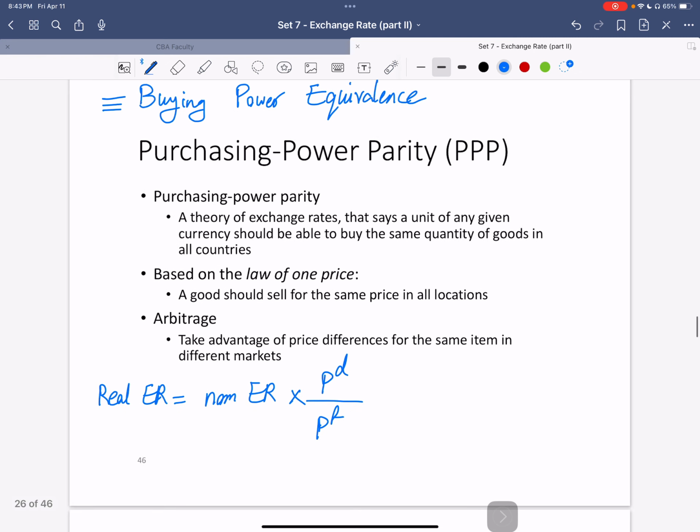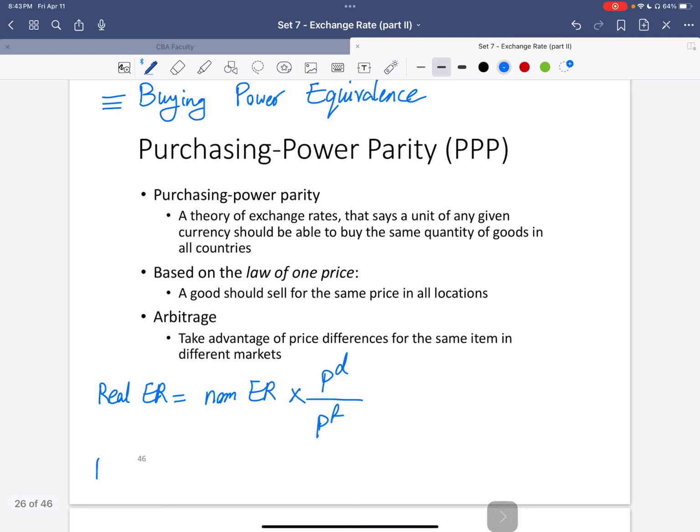Now, purchasing power parity says that I can exchange one basket in the US with one basket in the other country. It means that real exchange rate is equal to one. Now, if I plug this into the above formula, nominal exchange rate is equal to level of the prices in the foreign country divided by level of the prices in the domestic country. This is basically the same formula.